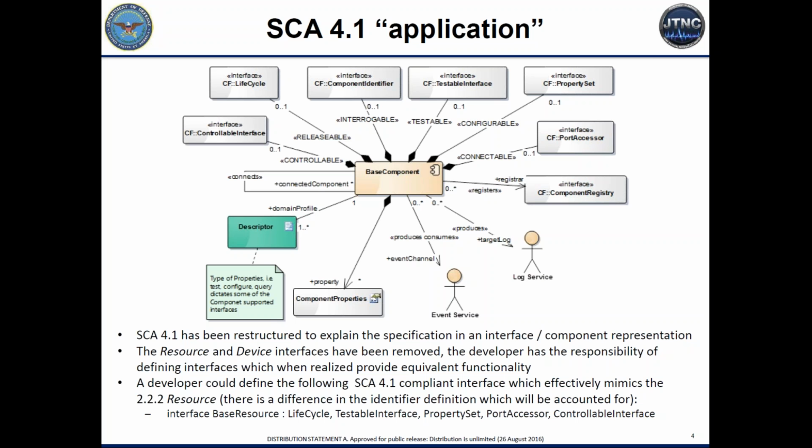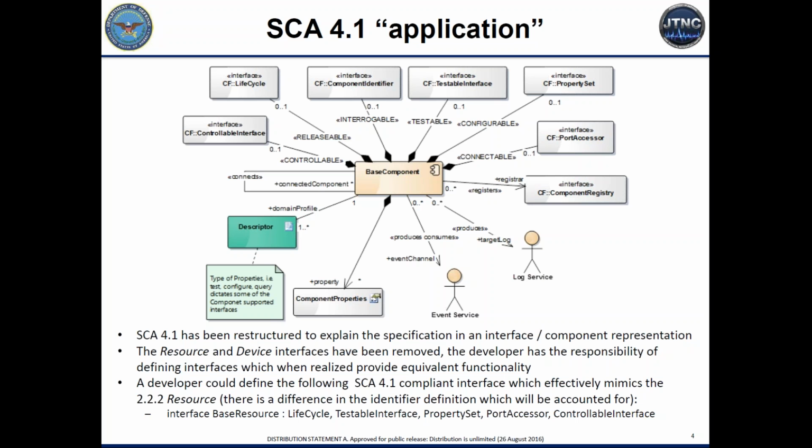Something that would make sense, at least in my perspective, would be to create a local common interface representation that could be leveraged within that implementation. At the bottom of this screen, you see that interface definition for a base resource, which inherits from all of the sub-interfaces, or the optional interfaces, that exist in 4.1.